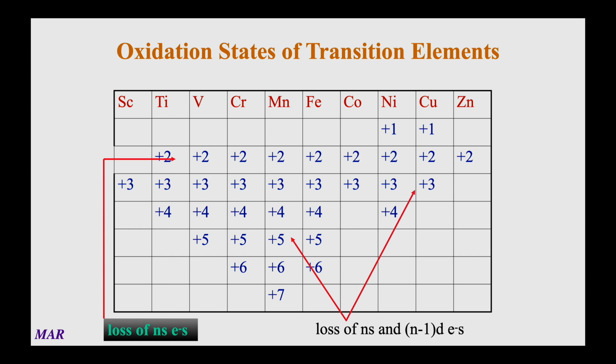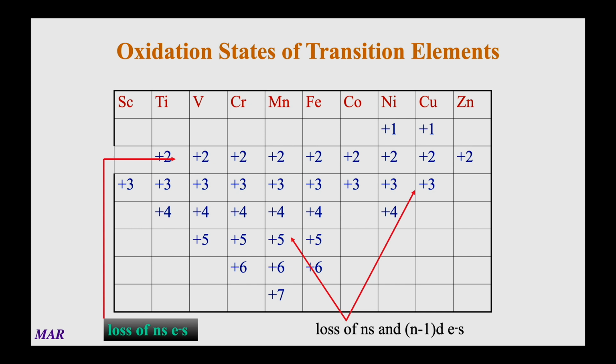Now, last thing, there says there's loss of ns electrons. There's usually 2 s electrons before the 3d. So like as we talked about, scandium is 4s2 3d1. If the atom loses 2 electrons, those 2 electrons will come from the ns shell. So scandium +2 would lose its 4s electrons first, and it would have a 3d1 electron configuration.